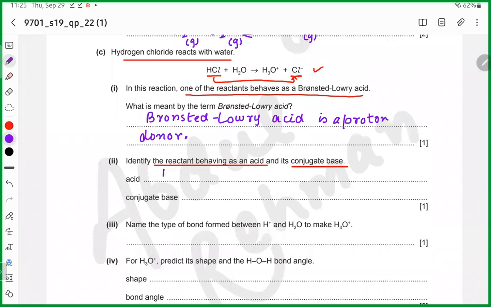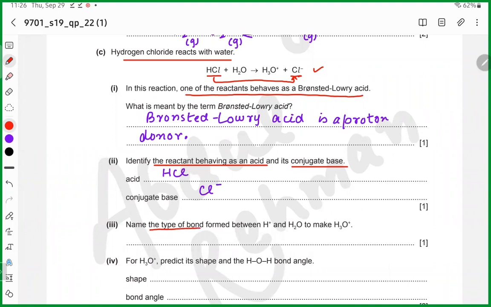So the acid must be HCl, and after the hydrogen is lost, the remaining chloride ion is the conjugate base of that acid. Is this clear to everyone? If anybody has doubt, kindly ask.